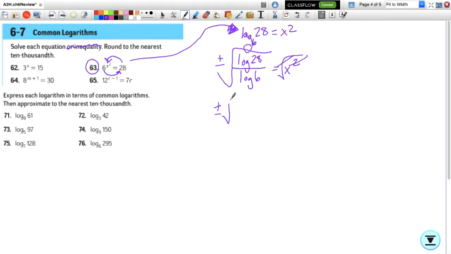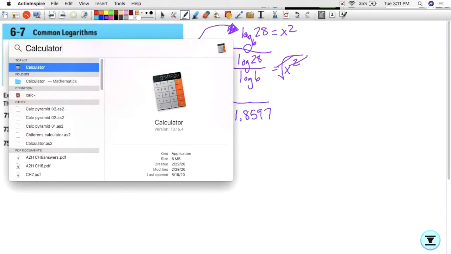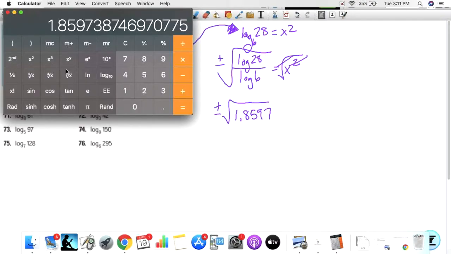Plus or minus 1.8597. Now I need to square root that number. So I'm going to pull back up my calculator and just come over to my square root button and click it. And I get 1.3637.